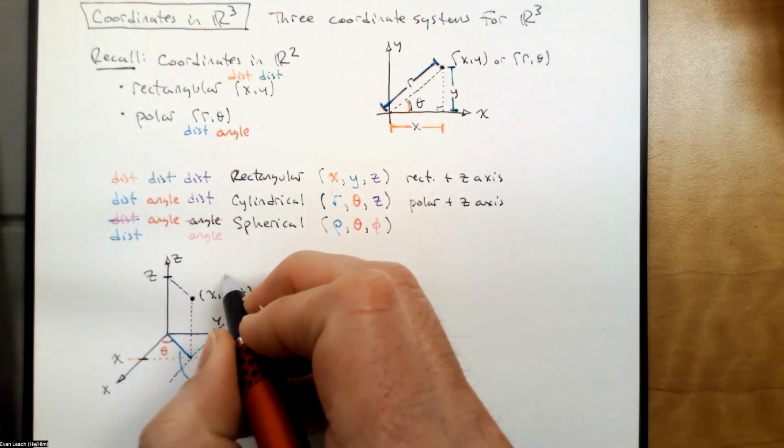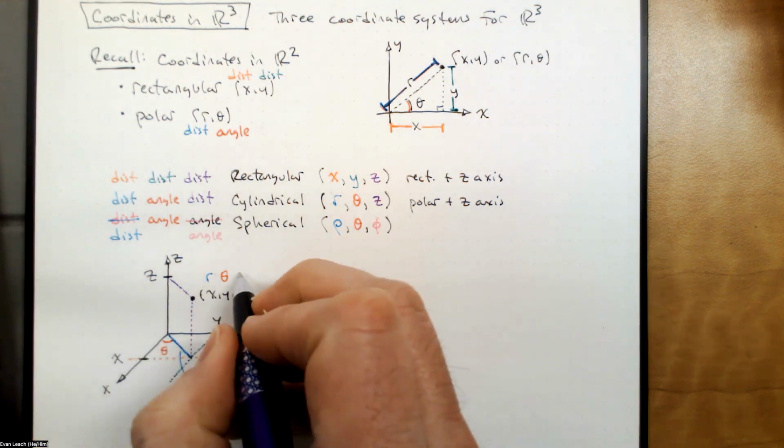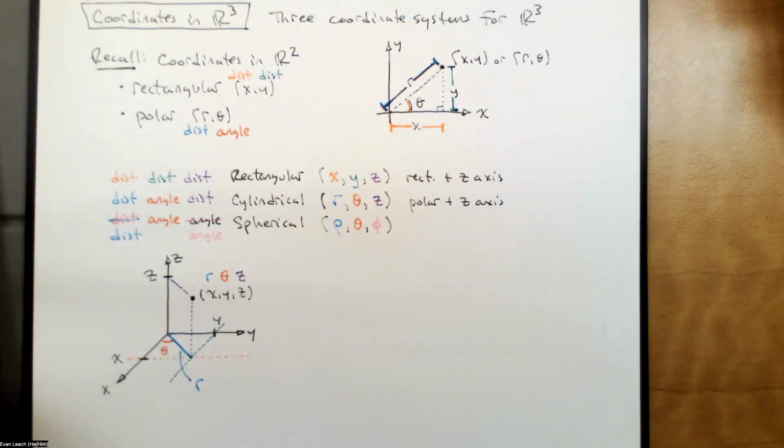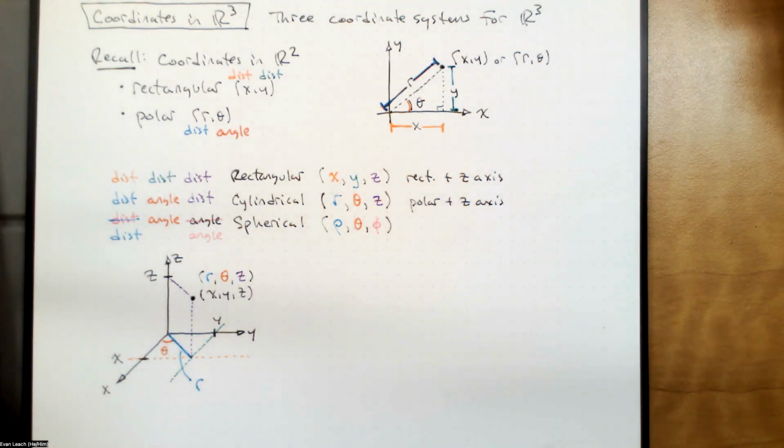So now this location is theta, R, and the height is measured with Z. So notice that R is not the distance to the point, it's the distance to the point on the floor underneath. So that's without the Z distance. So here's our rectangular and cylindrical coordinates.